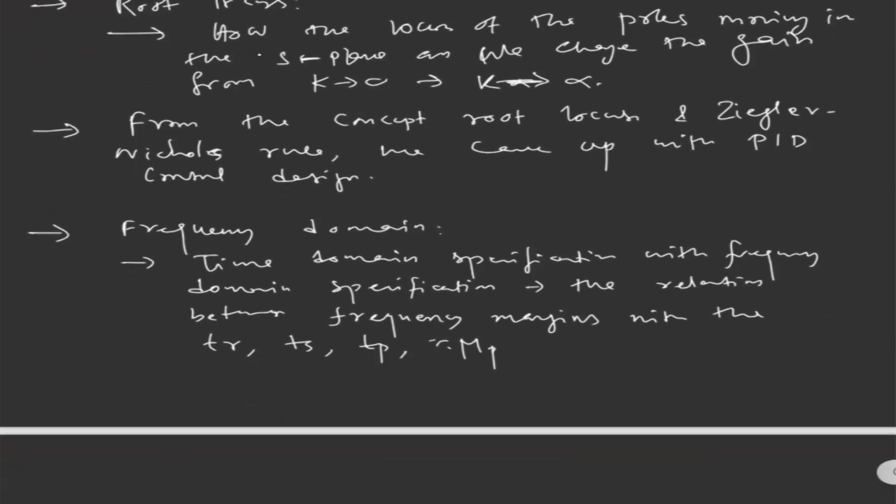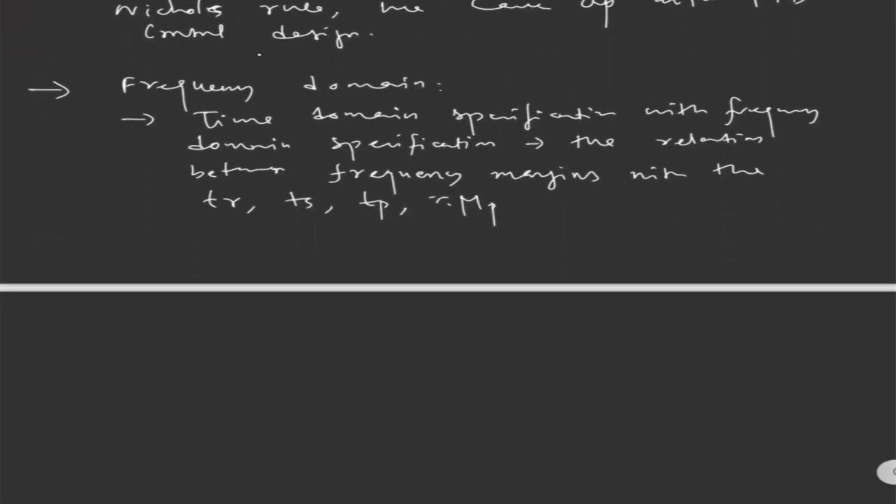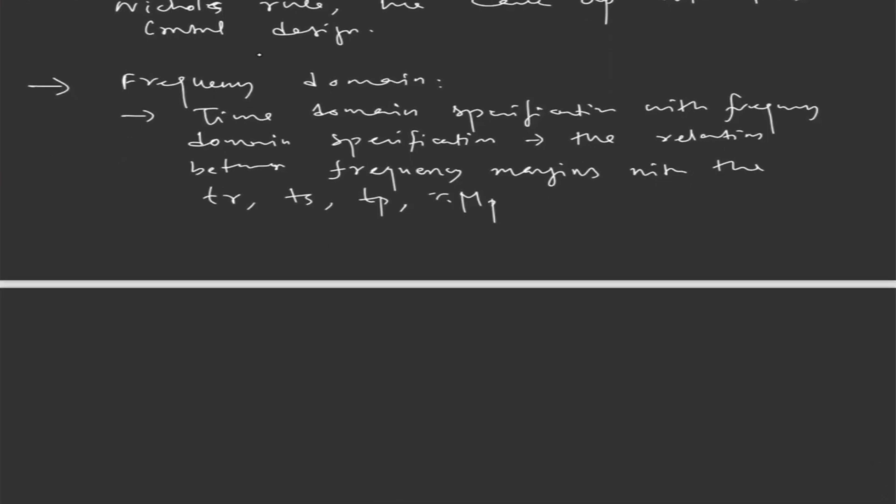Then we have started the frequency response, how we can see it from the Bode plot. We discussed the Bode plot. So here we have discussed how we can come up with the magnitude and phase plot for varying frequency.